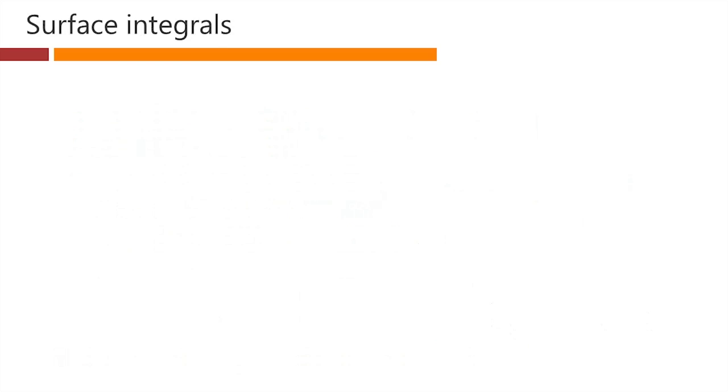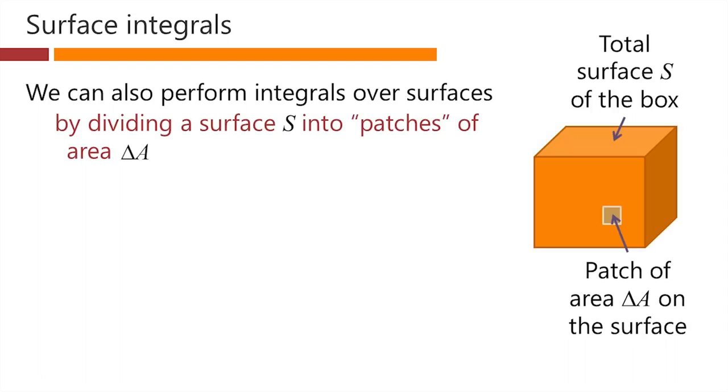We can also perform integrals over surfaces, and we can do that by dividing some surface up into patches. Here's one little patch of area delta A on our surface, and we're interested in the total surface of the box. We might be interested in what's the total area of the paint on the surface of the box, or just what's the area.